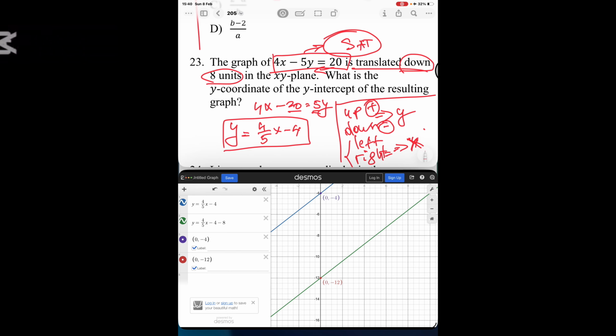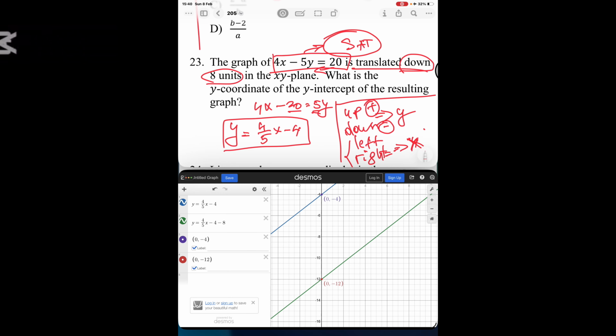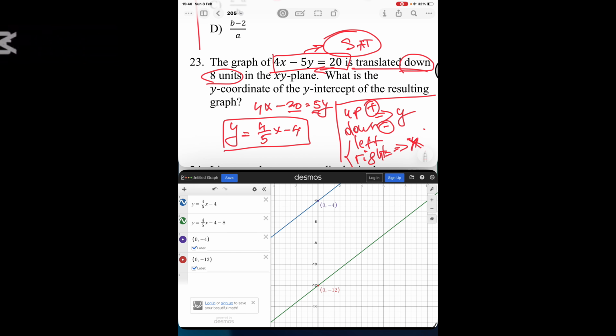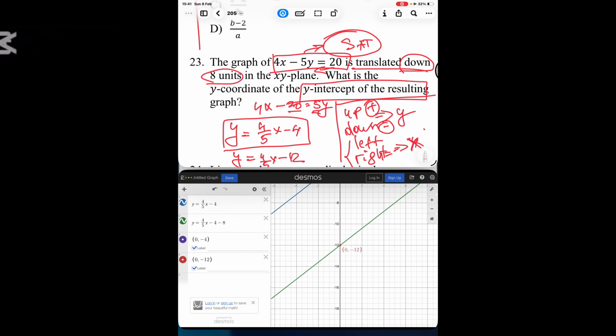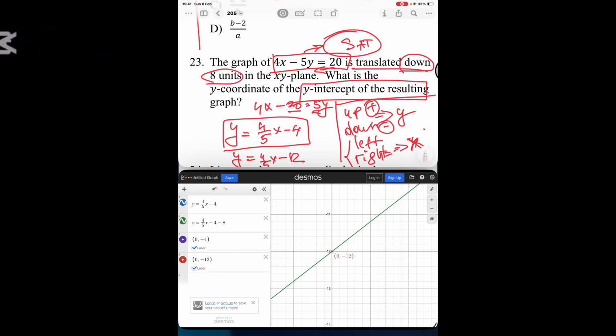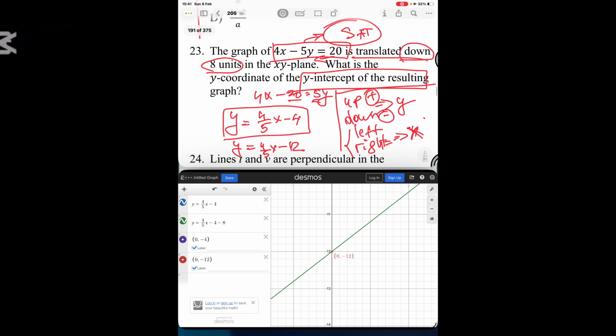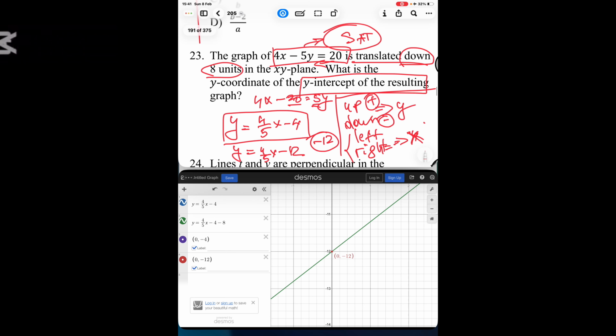As you can see, minus 4 and minus 12, which shows this graph is simply translated down 8 units. So it should be y equals 4 divided by 5, x, minus 12. And it asks what the y-intercept of this graph is. The y-intercept means the point where it intersects the y-axis: minus 12. So for this question, the answer is minus 12.